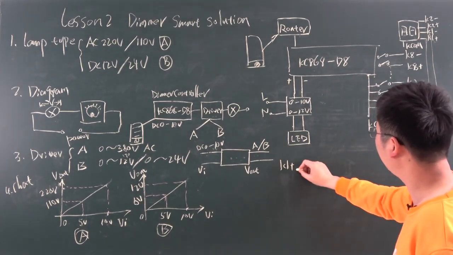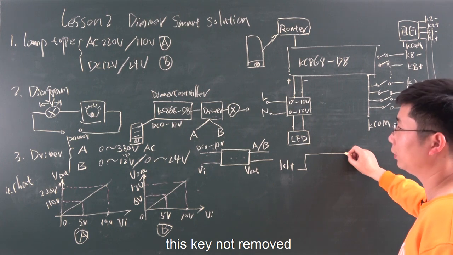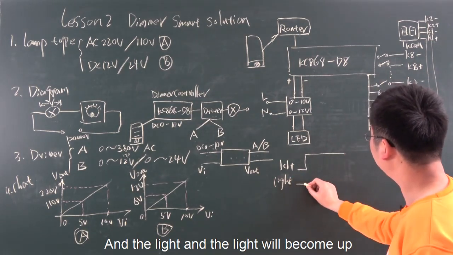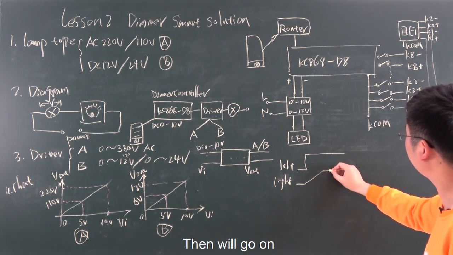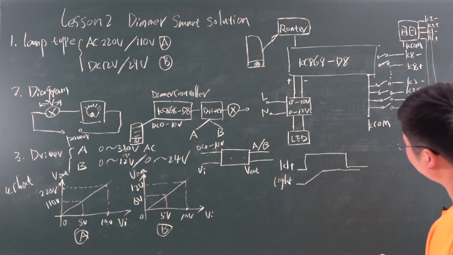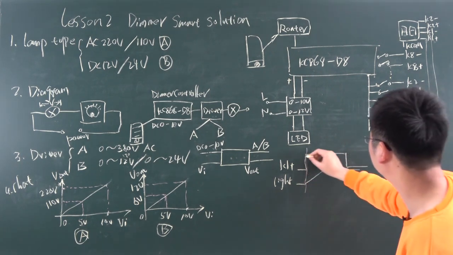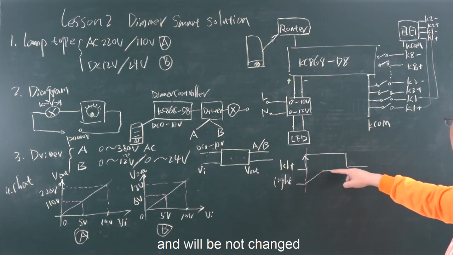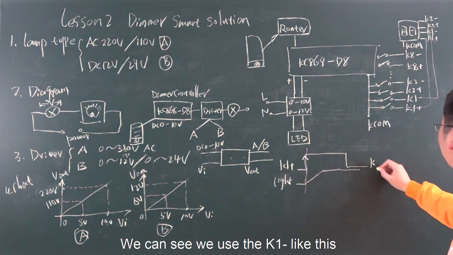When I press and hold this key without releasing it, the light will become brighter until the maximum brightness, then it stays there. So we hold the K1 up, then the brightness continuously goes up until the max and does not change. Now we use K1 down.